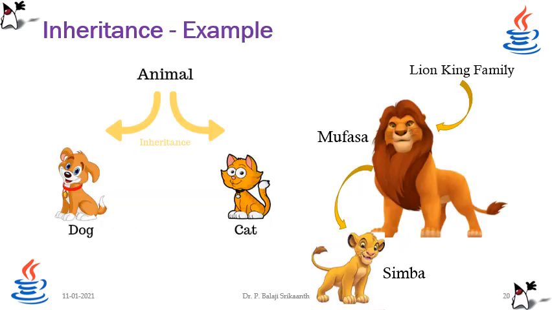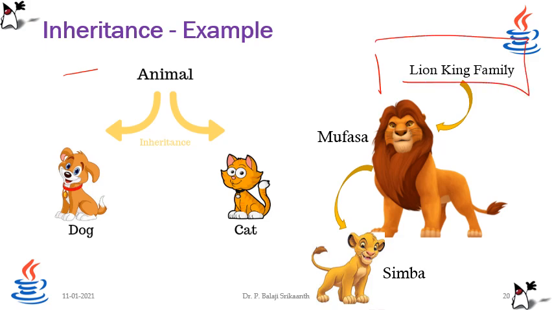This slide shows examples of two types of inheritance. The first example is animal. Here, animal is the superclass and dog as well as cat are two subclasses which inherit the properties of animal. The next example is the Lion King family.